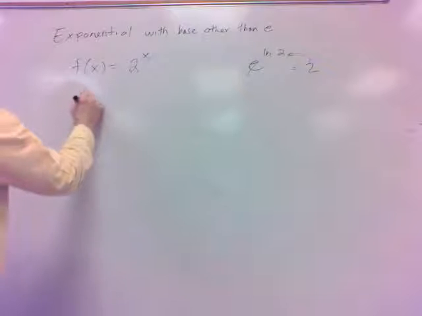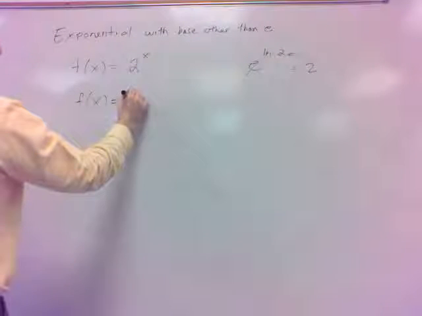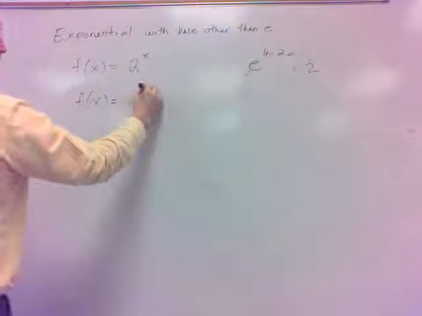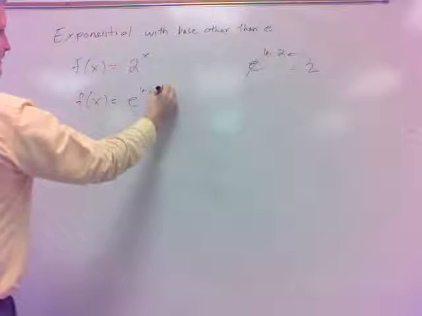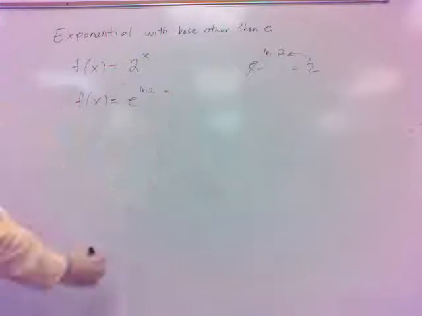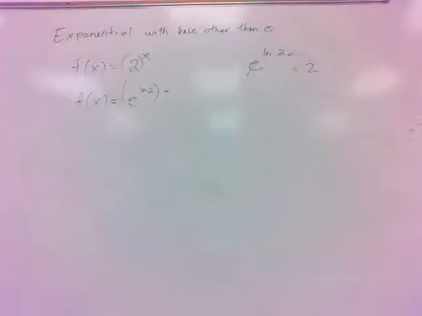I can write 2 to the x. I can write that as e to the ln of 2 times x. In other words, substitute e to the ln of 2 for 2. Okay. Why would I do that?